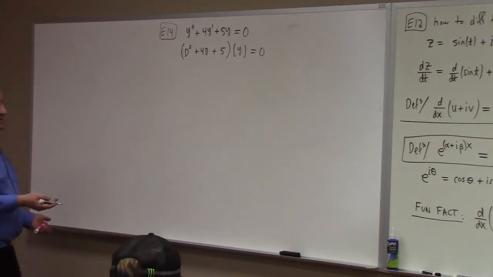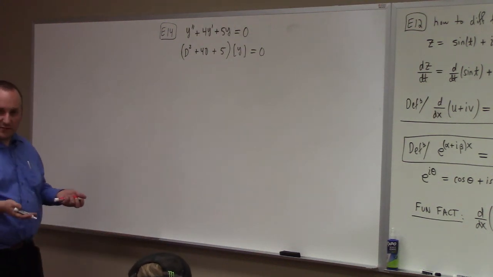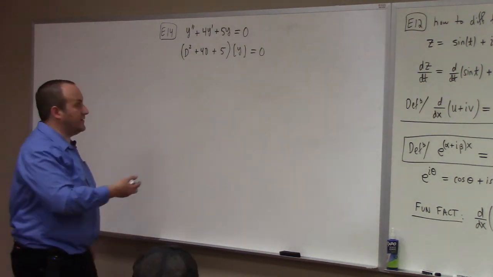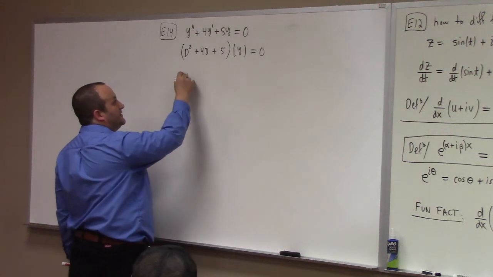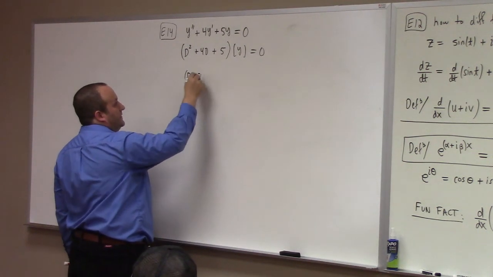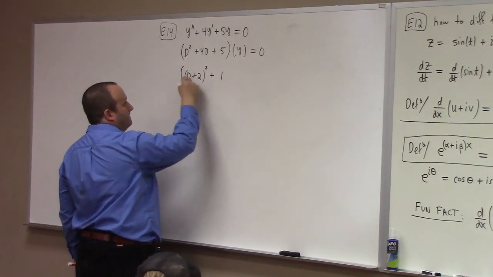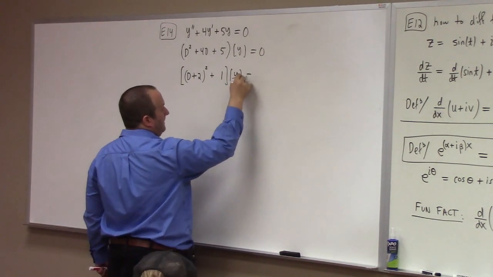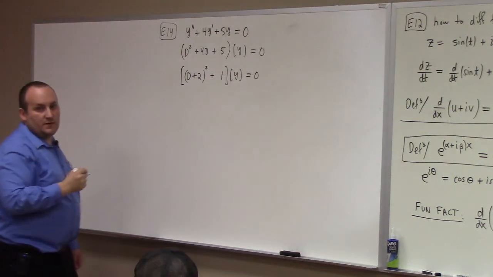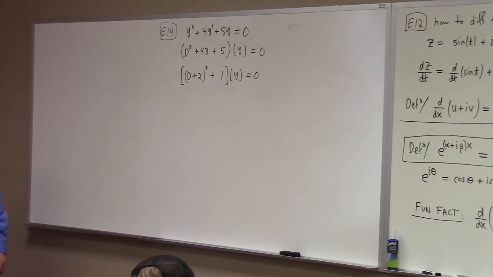Can this factor? No, not over the reals. It's an irreducible quadratic, and you can see that from completing the square. This is (D + 2) squared plus 1. If you complete the square and you get a plus, that means it's irreducible.